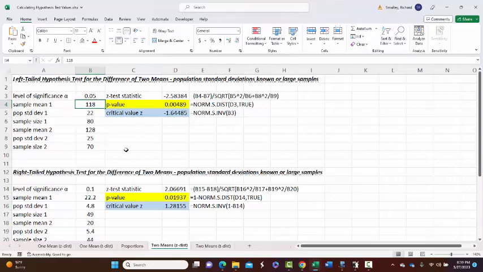Yeah, those are the same numbers. So you see, I like the way I did it in the spreadsheet here. The calculator, like I said, I went 111, 222. And there's that p-value, 0.0049. Critical value if we need it, test statistic if we needed it, and there we go.